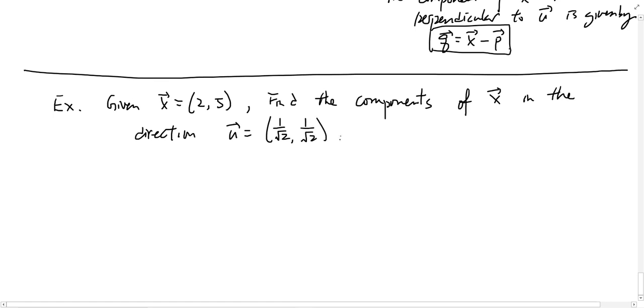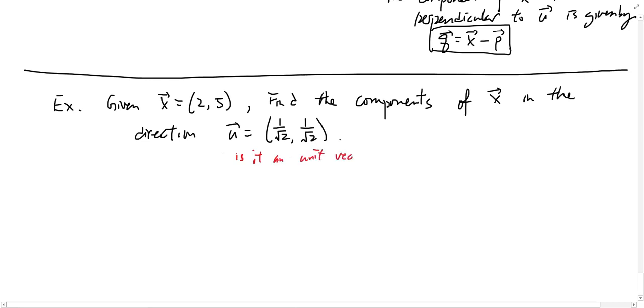Now, this is very important right here. Whenever you're doing this type of question about components, you have to pay attention to the following: when you're given a direction, is this a unit vector?